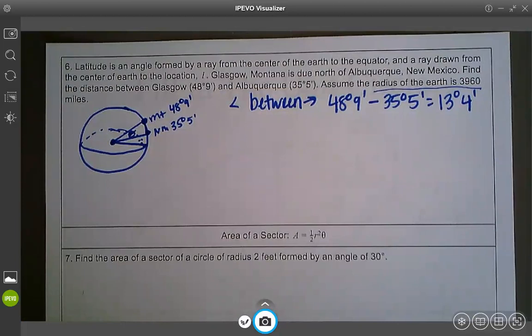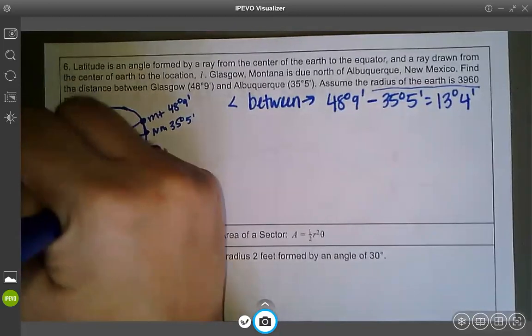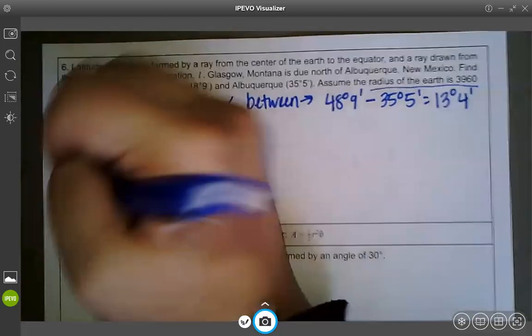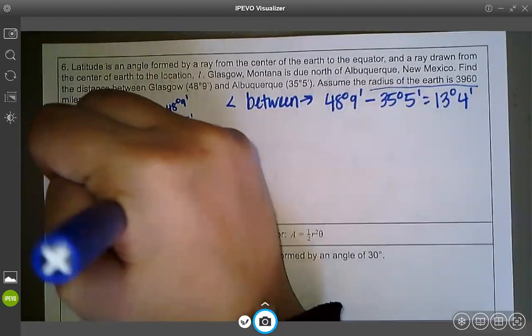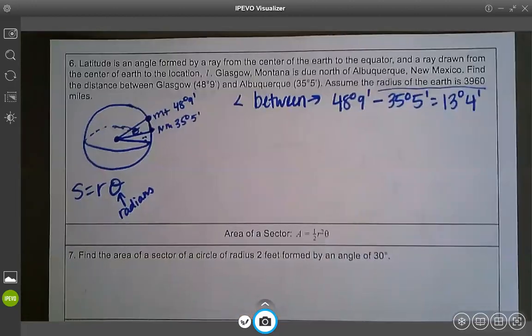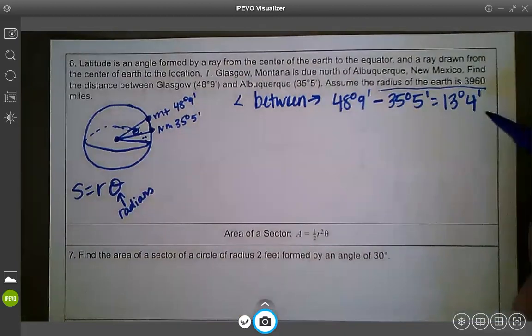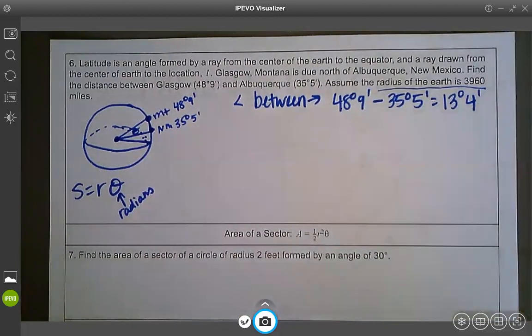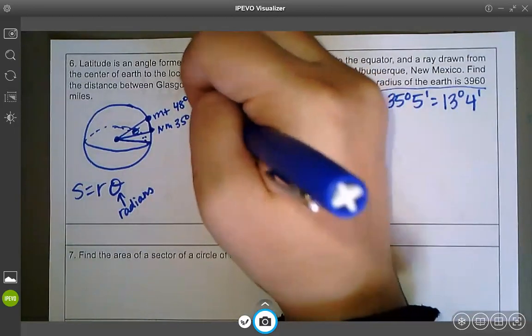Before I can plug it into my arc length formula, it has to be in radians. To get it into radians, I first have to convert it to decimal degrees. So convert to degrees.